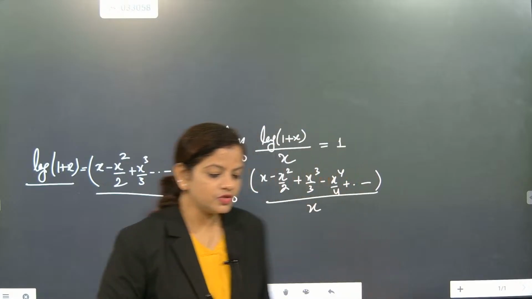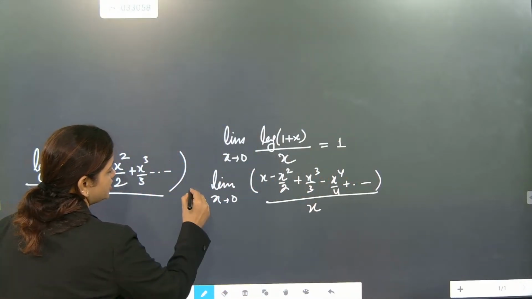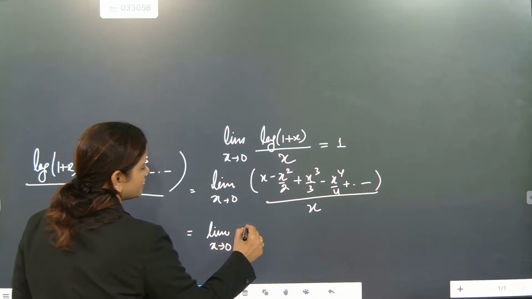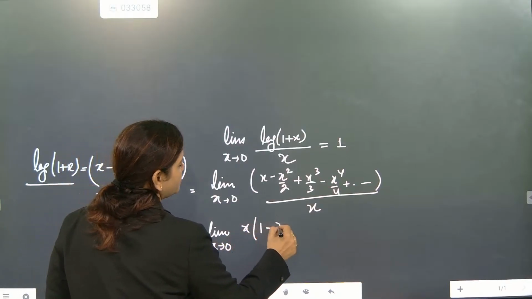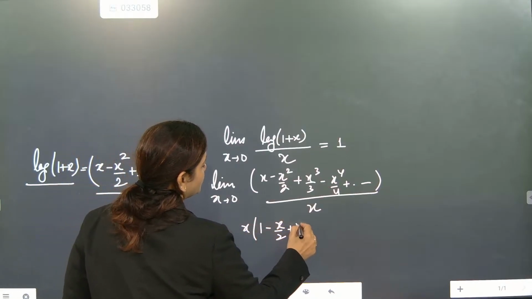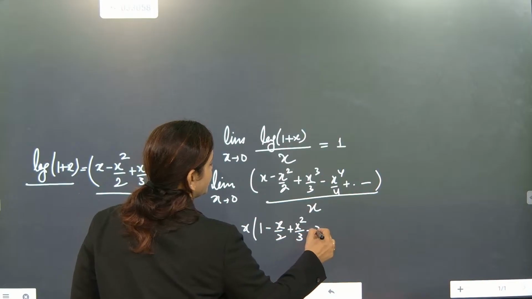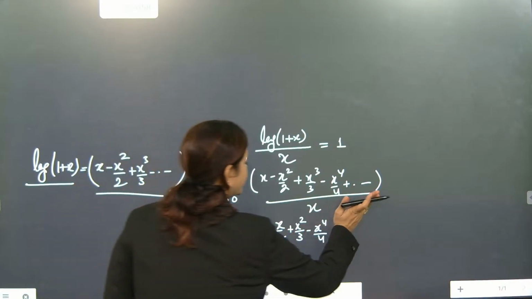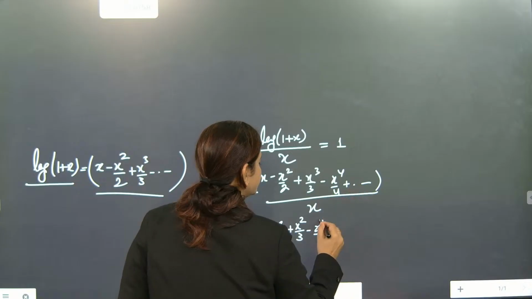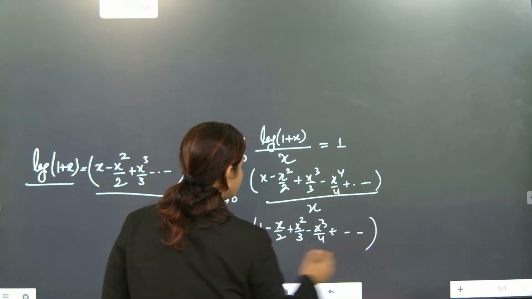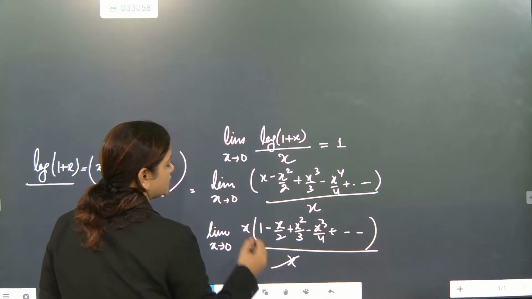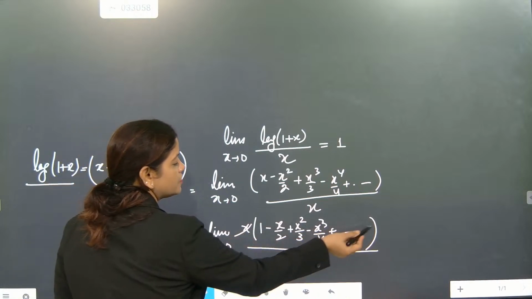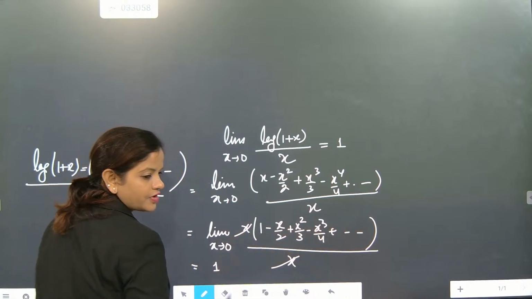So here, once you have written this part, now you just need to write limit x tends to 0, take x common, 1 minus x by 2 plus x square by 3 minus x cube by 4, like this. Now x and x will get cancelled. Now if you substitute x is equal to 0, at least 1 will be left.